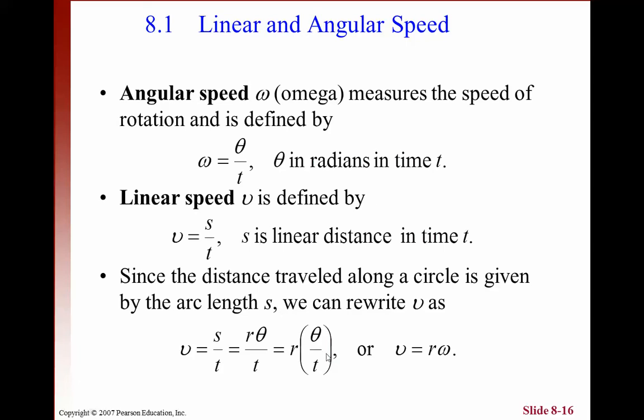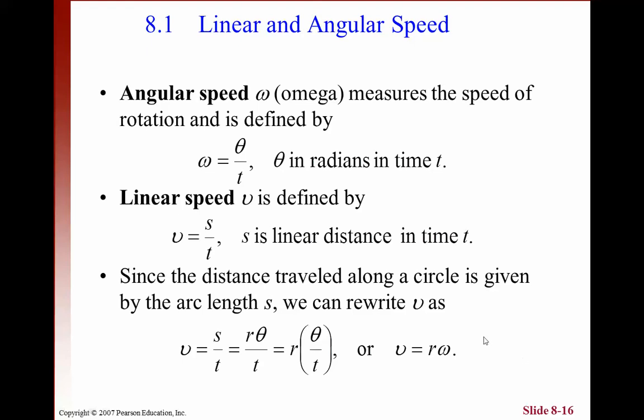Since theta over t equals the angular speed, we can also rewrite it like this: the linear speed equals the radius times the angular speed. This theta over t is the same as the omega.